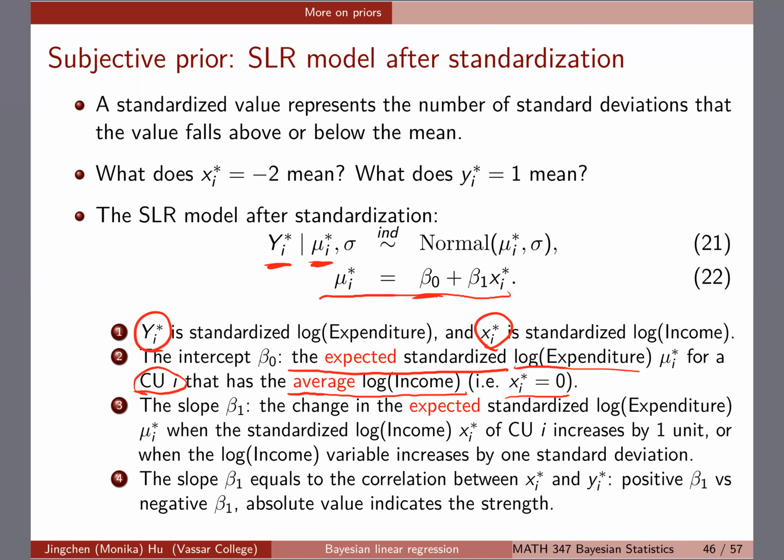It's a little bit more involved, but we have to get this clear before we move on to the actual modeling. Similarly, with the slope, beta 1, it's the change in the expected standardized log expenditure when the standardized log income increases by 1 unit.